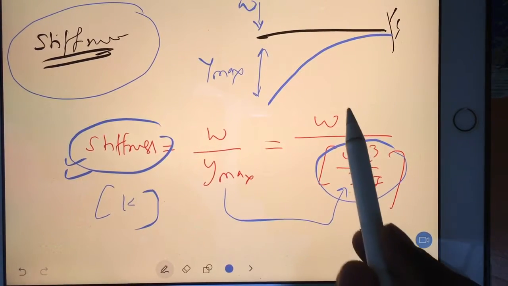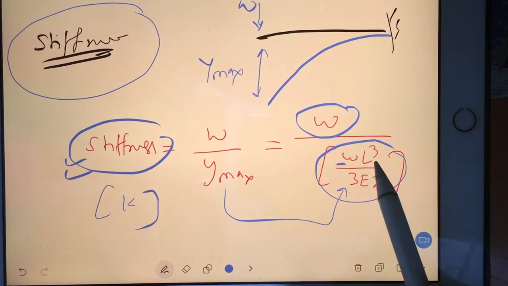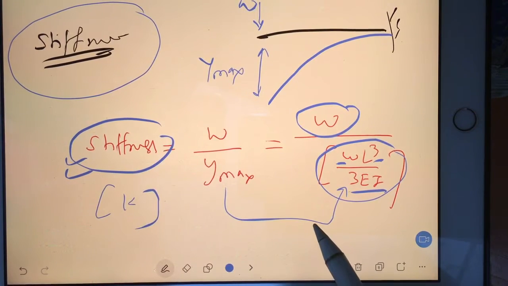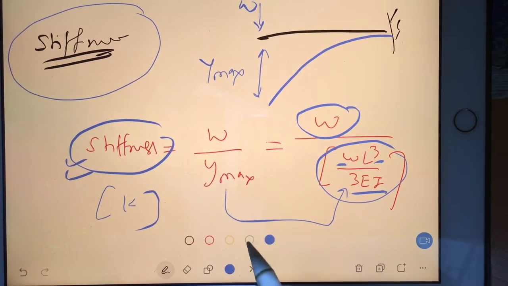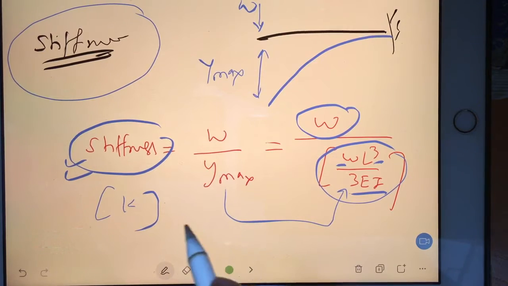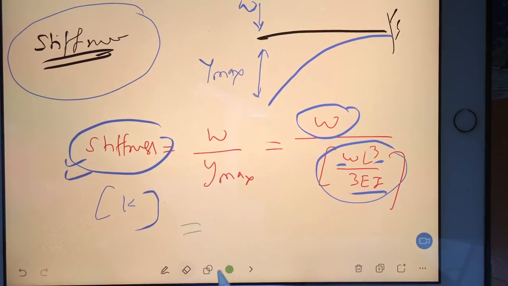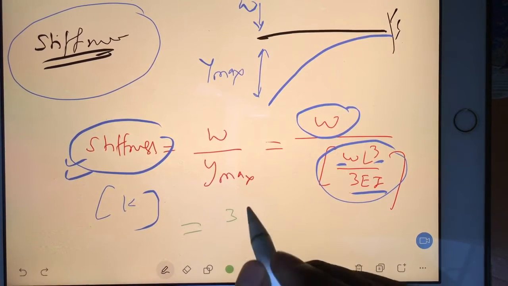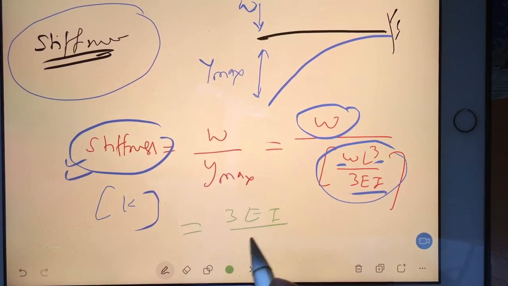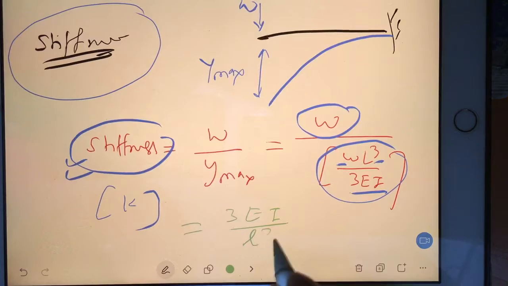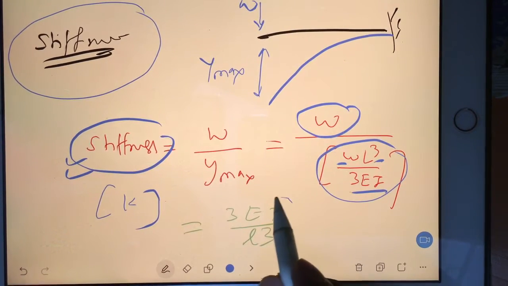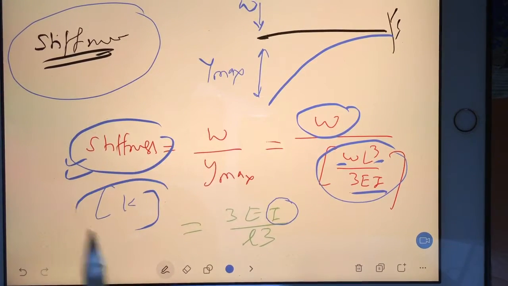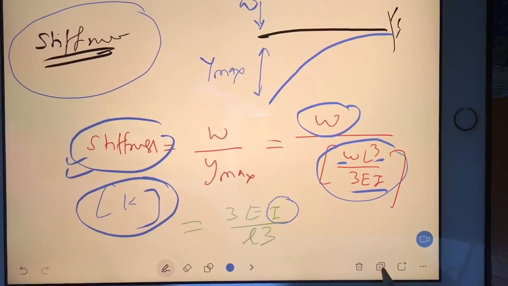Stiffness is equal to the applied load, L cube by 3EI. So we got our stiffness formula as K equals 3EI divided by L cube. From here you can see, if your moment of inertia is more, then your K value will be more. Simple.